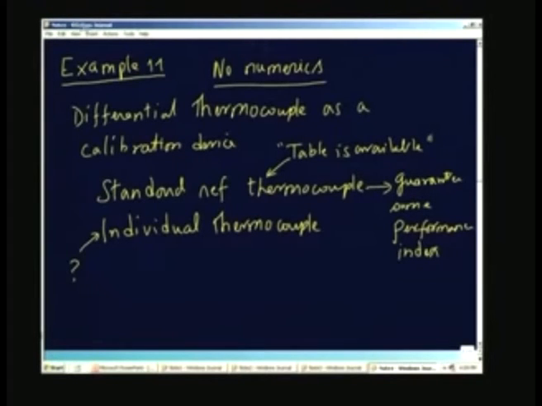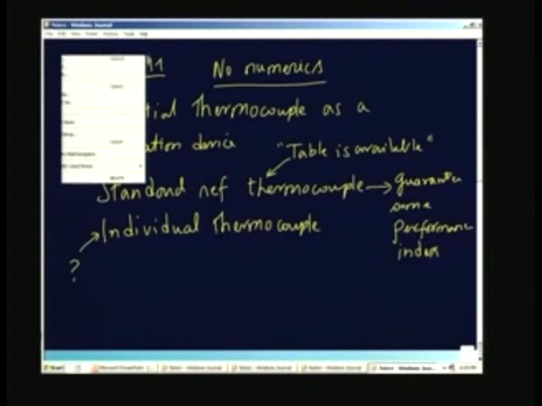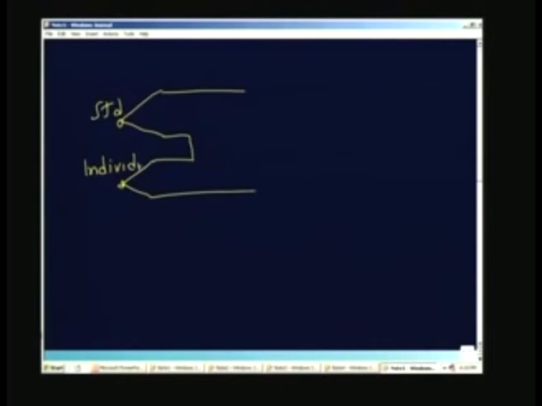For that, I am going to make a circuit like the following, exactly like what we had. A differential thermocouple: this is standard, this is the individual. These terminologies are normally used by people working in instrumentation. This is the standard reference thermocouple and this is the individual, and now I am going to measure the potential difference across these two junctions.